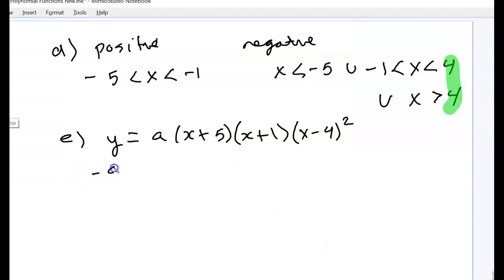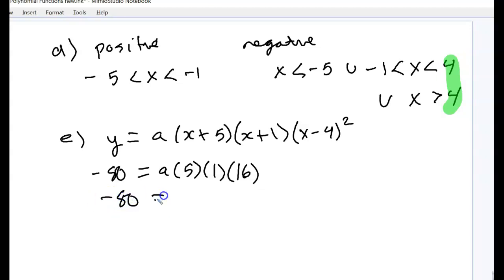So I'm going to put a negative 80 in for y when x is 0. So this is going to leave me with 5, 1, and negative 4 squared is 16. So 16 times 5 is going to give me positive 80. So if I divide, I get a is negative 1. So therefore, in my equation, all I need to do is put a negative here because a is negative 1.